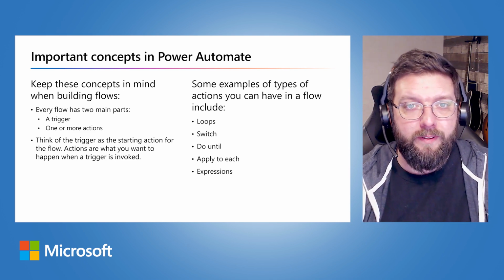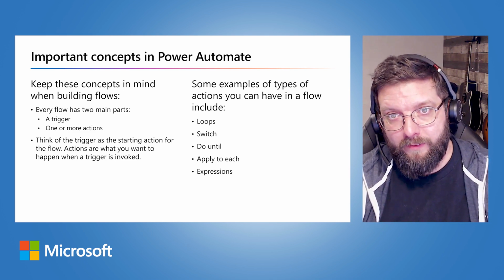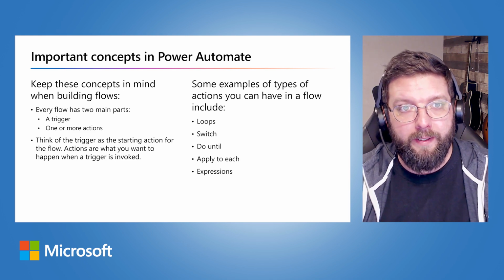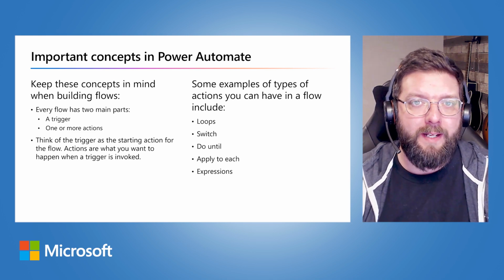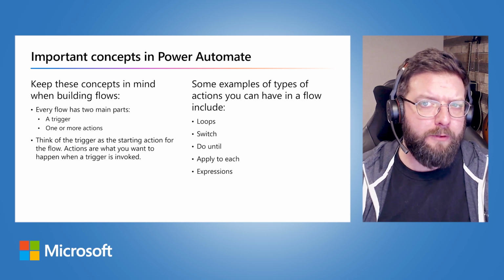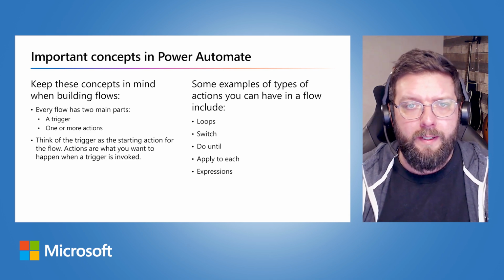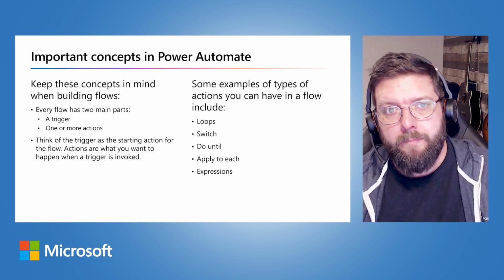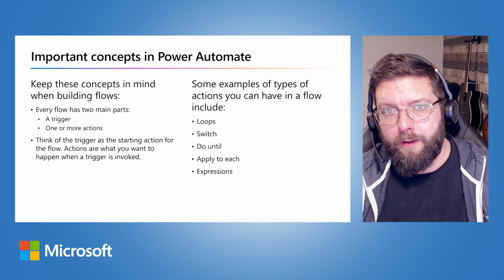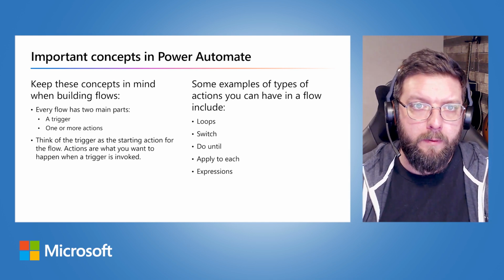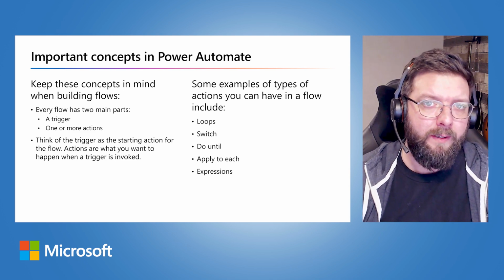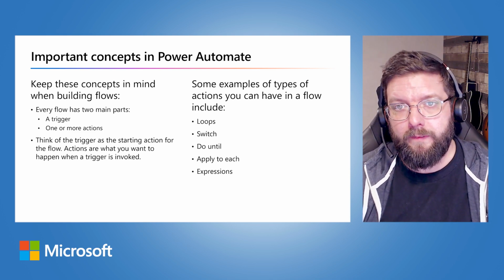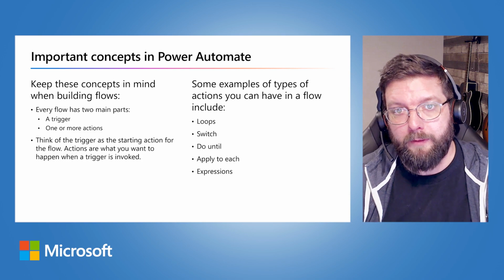Apply to each executes a block of actions for each item in the input array. Expressions are the underlying definition that describes the actual logic that runs in your flow, and they can be manually written. You can also perform data operations in your flow, such as compose, create CSV table, join, or select. These concepts come into play later when you're building flows from scratch.